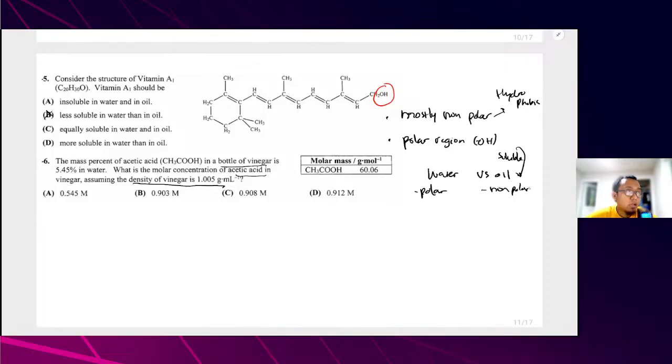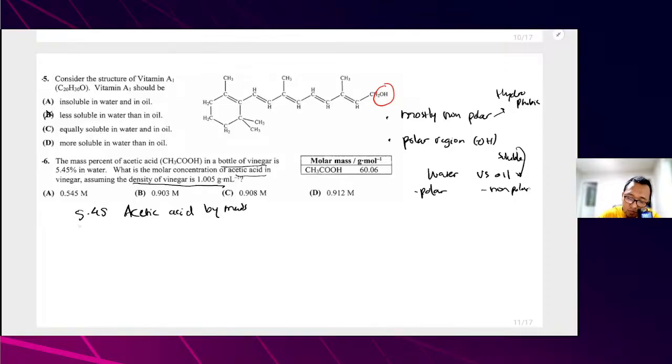The vinegar solution contains 5.45% acetic acid by mass, and then we have density and others.